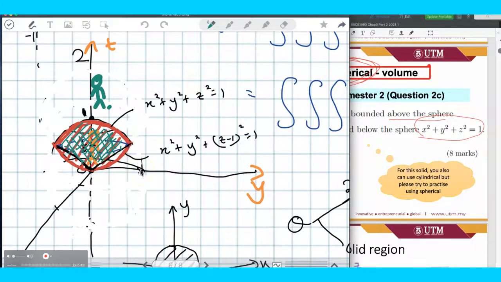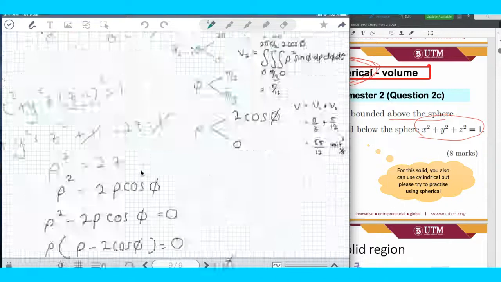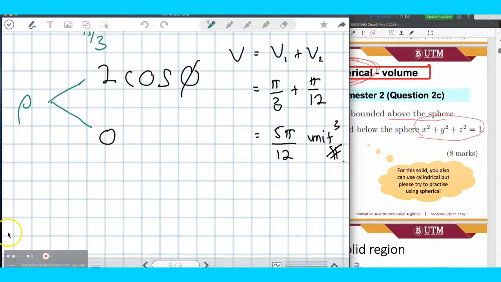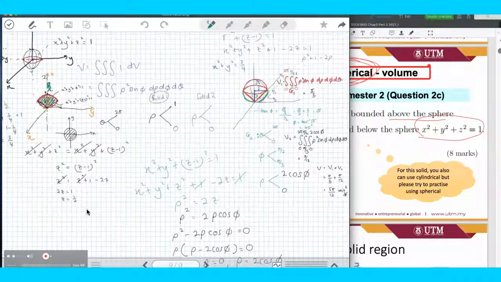So the total volume is given by 5 pi over 12. Next, I will show you how you can solve this using cylindrical coordinates, and you can compare which one is easier.